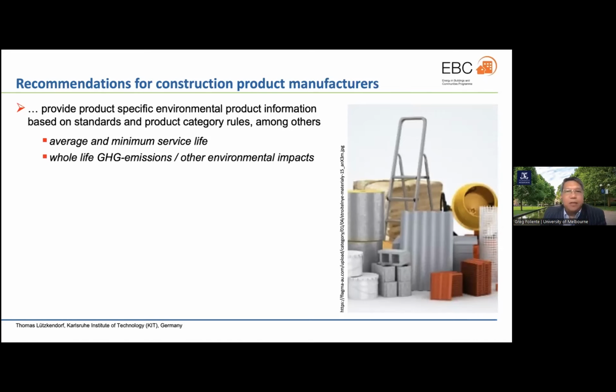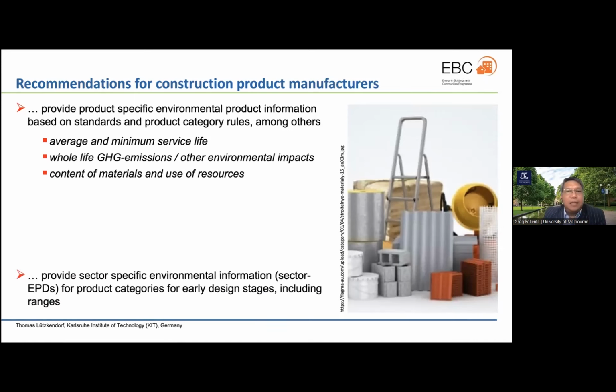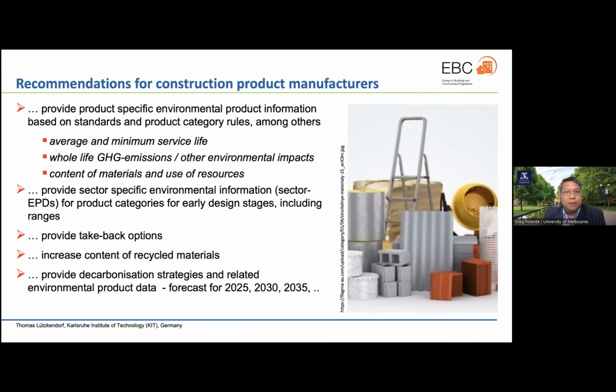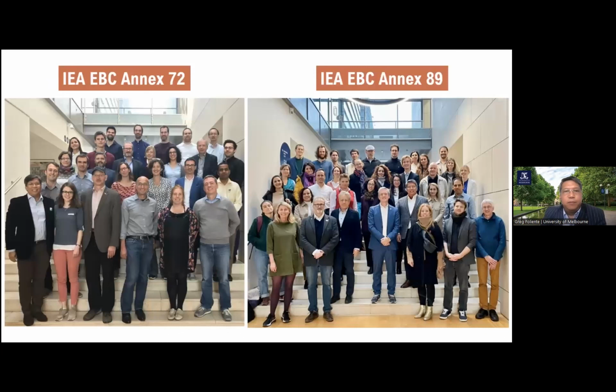Whole life greenhouse emissions and environmental impacts, of course, most of the time done through EPD. And so this becomes more important for early design stages in particular. And provide take-back options, increase content of recycled materials, and then provide their own decarbonization strategies and forecast.